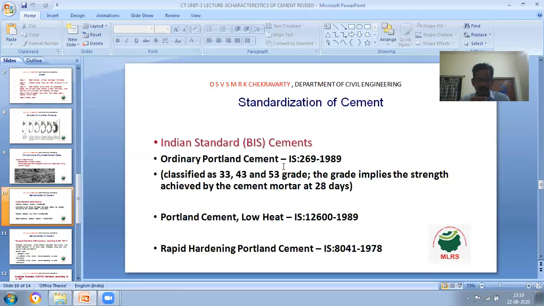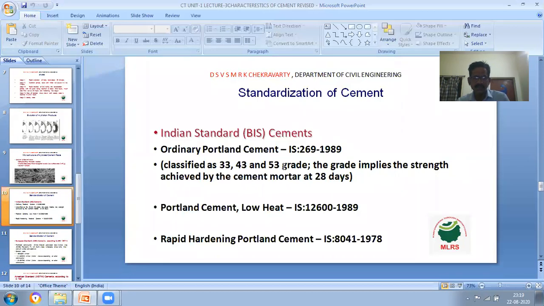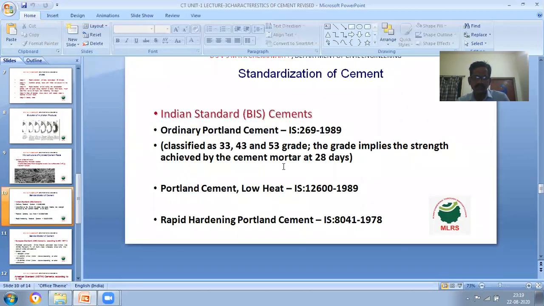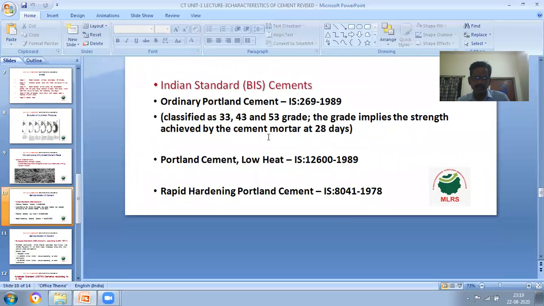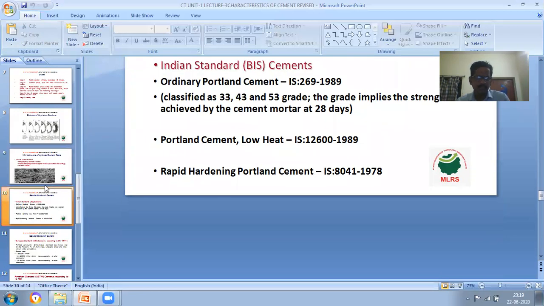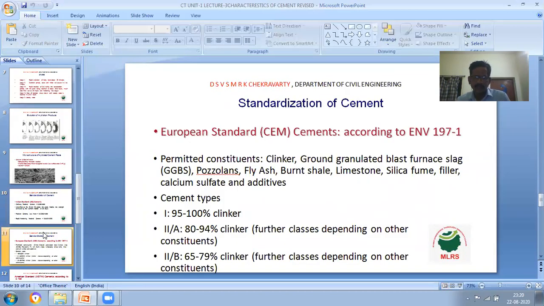Next, low heat Portland cement belongs to Indian Standard 12600 of 1989. Next, rapid hardening Portland cement, RHPC, is IS 8041 1978. Next, in a similar fashion, European standard cements according to ENV 197-1.